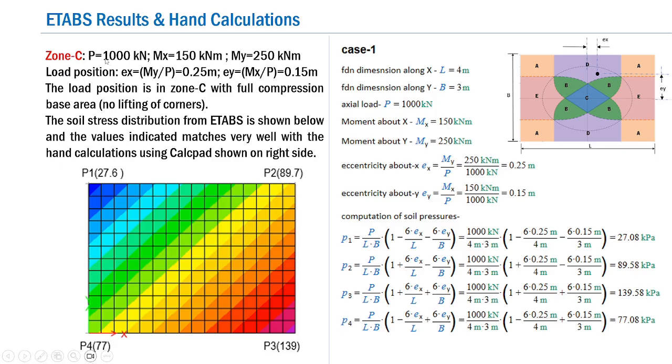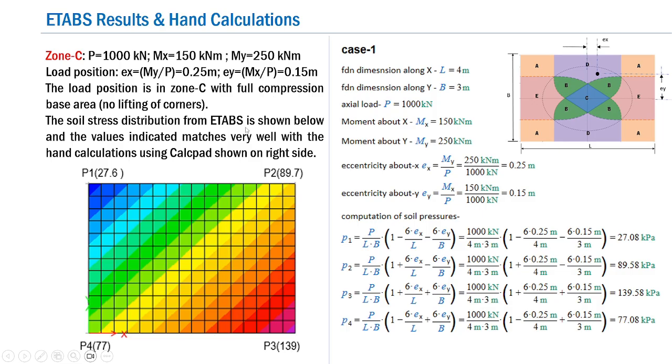P is set as 1000 kilonewton, Mx is 150 kilonewton meter, and My is 250 kilonewton meter. For this set of values, we evaluate the load position as Ex equal to My by P, that's 0.25 meters, and Ey equal to Mx by P, that's 0.15 meters. Obviously, the load position comes in Zone C.